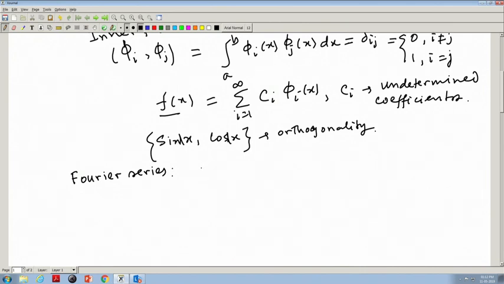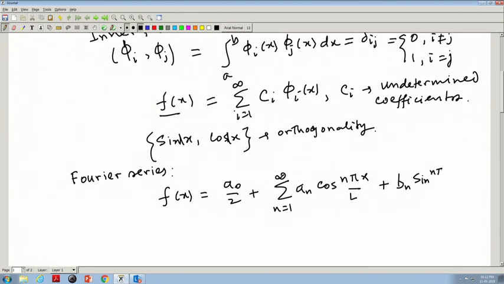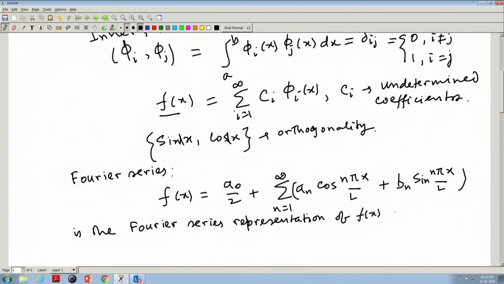Let a function f(x) be represented this way: a0 by 2 plus sigma n equal to 1 to infinity of an cos n pi x by L plus bn sin n pi x by L. This is the Fourier series representation of f(x) in minus L to L, within this zone.